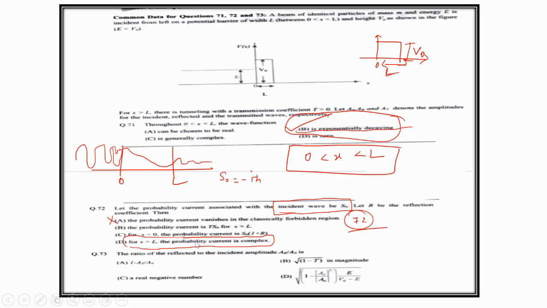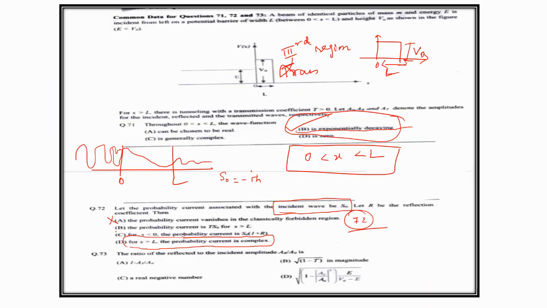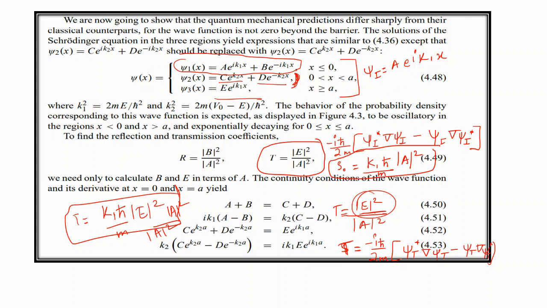So what is given? It is given the probability current is T S naught for x greater than L. That means in this region, this is the transmission region, the third region, right? So for the third region, suppose I multiply it by A square upon A square. Am I making some calculation mistake?